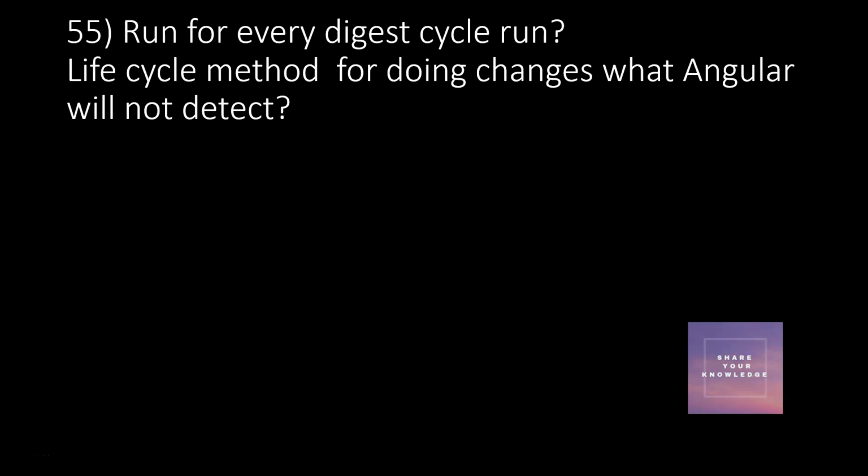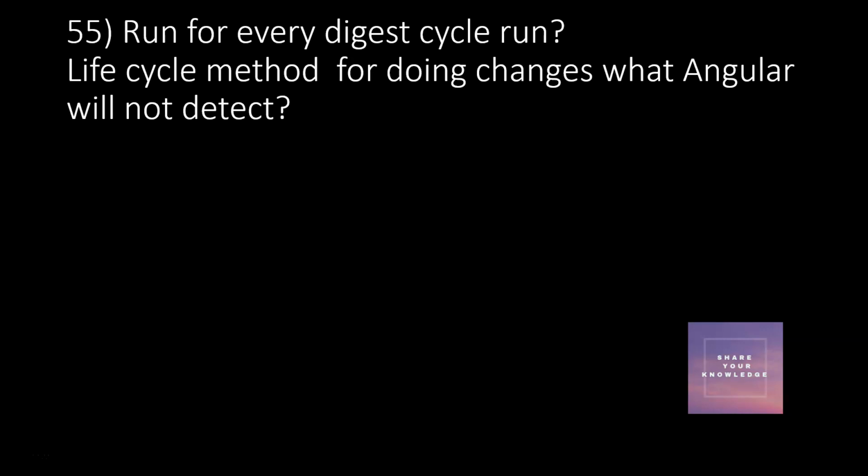Which lifecycle hook runs for every digest cycle, and if you want to handle some element which you have not informed Angular about, maybe to bind that value in Angular? Okay, what is a digest cycle first?